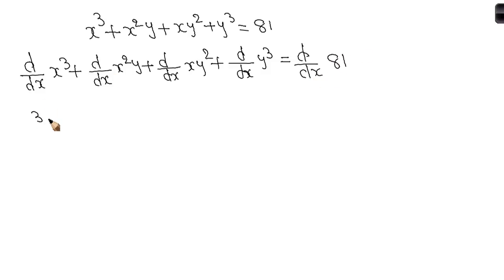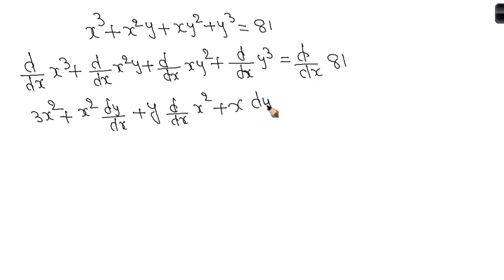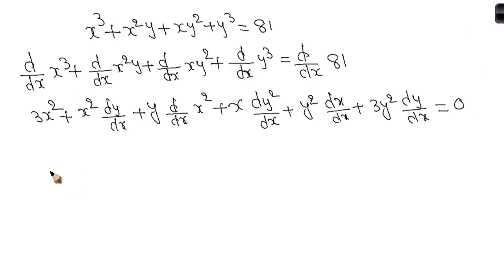So this would become 3x square plus x square into dy by dx plus y into derivative of x square, plus derivative of xy square would be x into derivative of y square with respect to x plus y square into derivative of x with respect to x, plus derivative of y cube would be 3y square into dy by dx. Derivative of constant, which is 81, is 0.